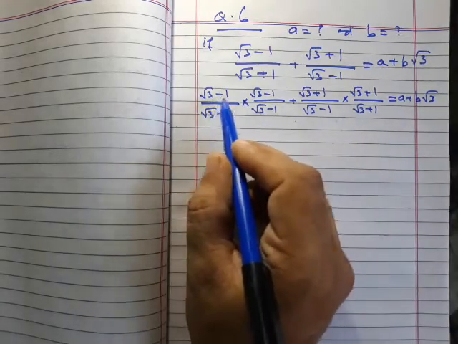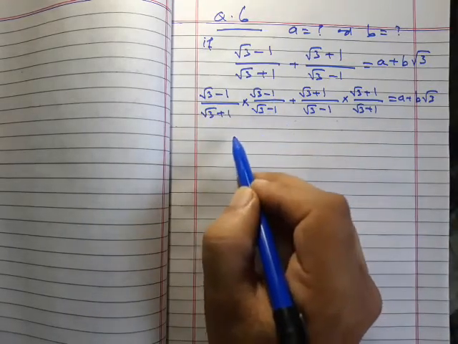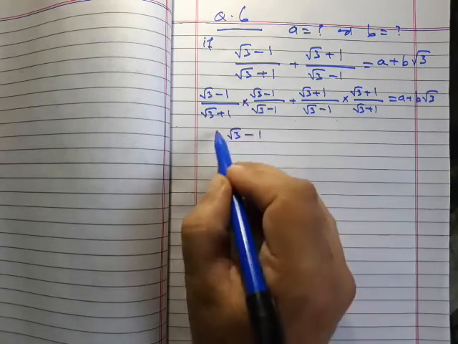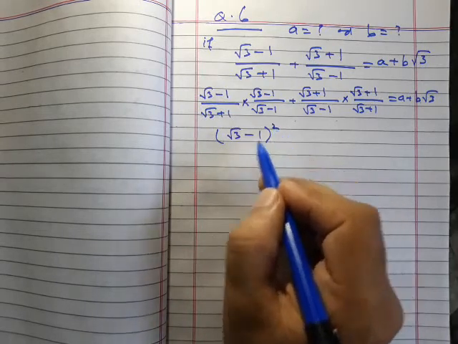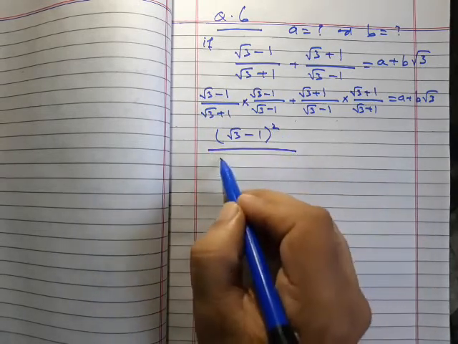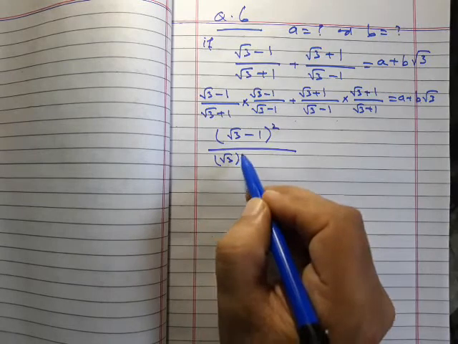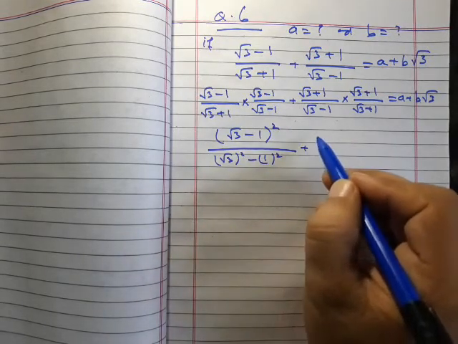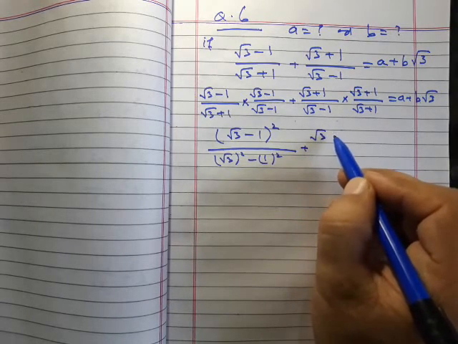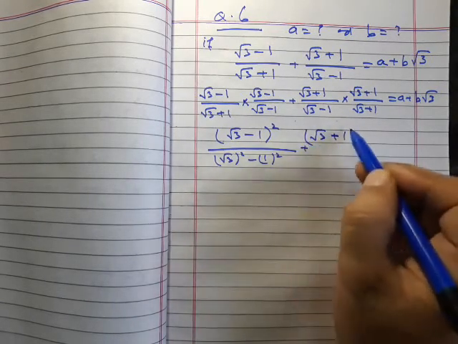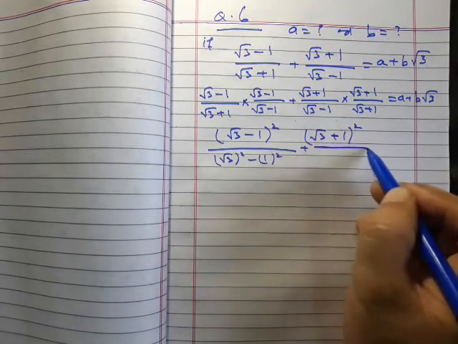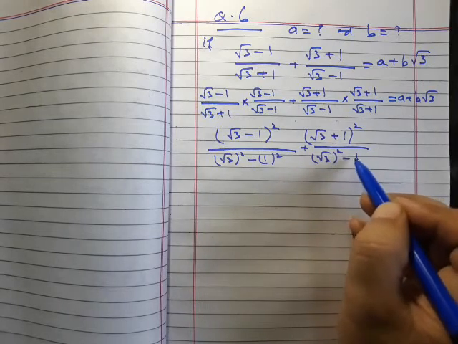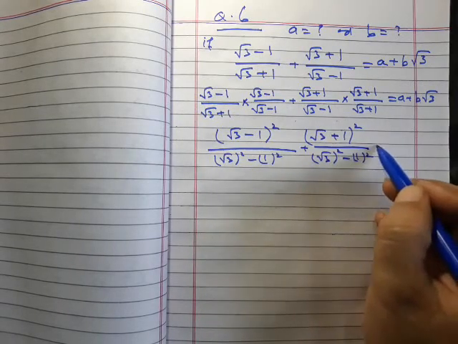Under root 3 minus 1 multiplied by under root 3 minus 1 means same terms, so it is whole square over (under root 3) square minus 1 square. Similarly, (under root 3 plus 1) whole square over (under root 3) square minus 1 square.